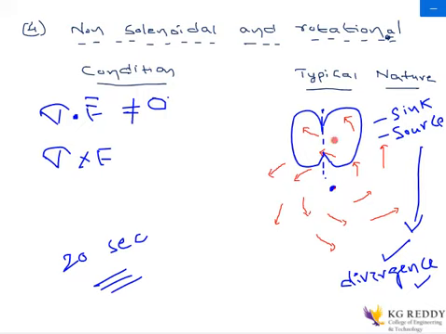As it is rotating, the curl is also not equal to 0, because there is a curl which exists. Whenever it is rotating and you can observe the rotation, there is a curl, and when there is a curl, it is not equal to 0.